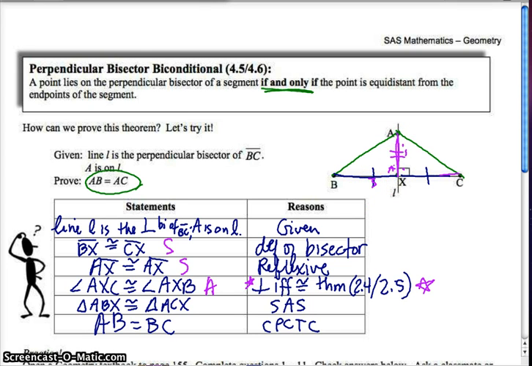So now I know that this angle is congruent to this angle, which allows me to say that triangle ABX is congruent to triangle ACX, right? Follow the colors. And therefore, we can conclude that AB is congruent to AC. That's really what we should conclude, which means AB equals AC. And that's because corresponding parts of congruent triangles are congruent.